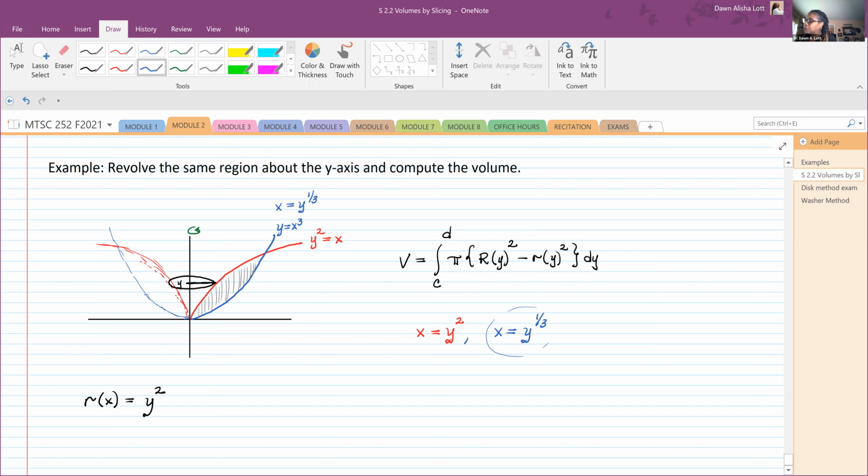Okay. So now I'm going to take that same point. I'm going to draw a circle. Same thing, now I have to find this radius. So I go all the way up to the big curve.